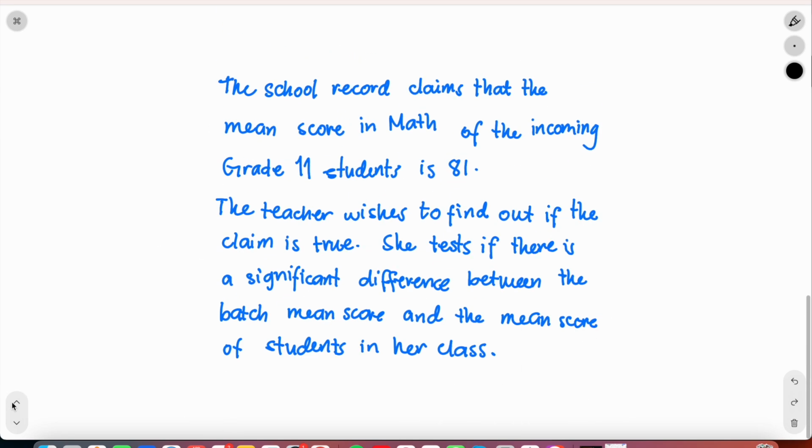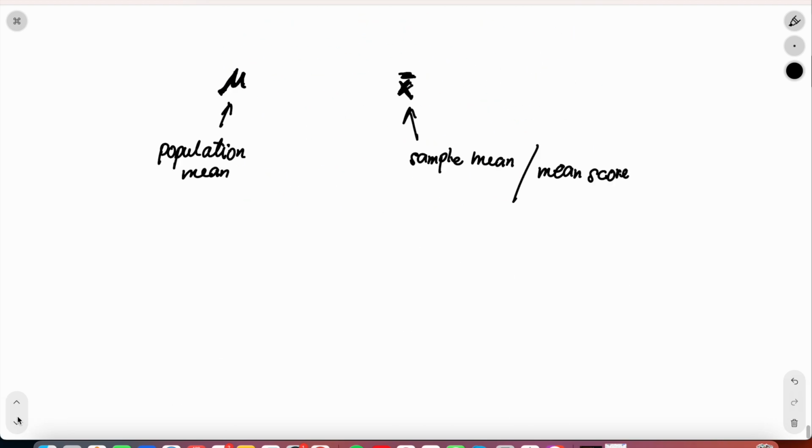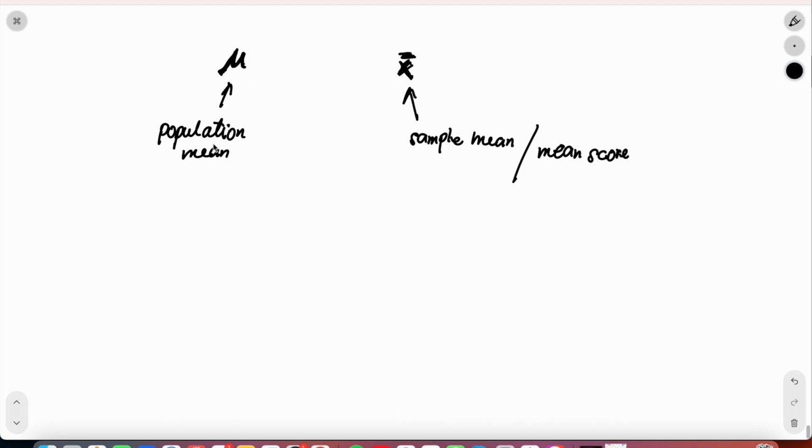So let's go back. The teacher wishes to find out if the claim is true. She tests if there is a significant difference between the batch mean score and the mean score of students in her class. So let's formulate the hypothesis here. The null hypothesis is denoted by H sub 0.